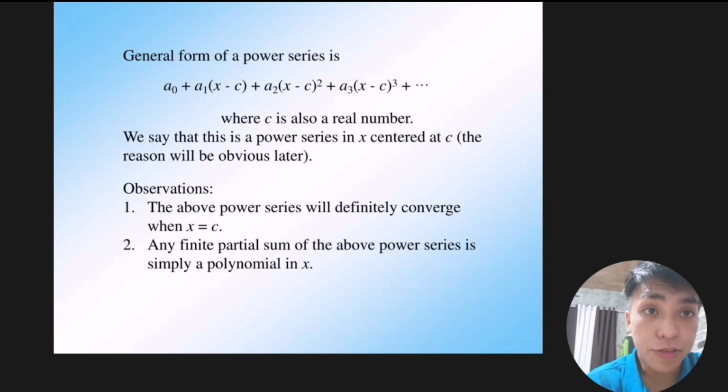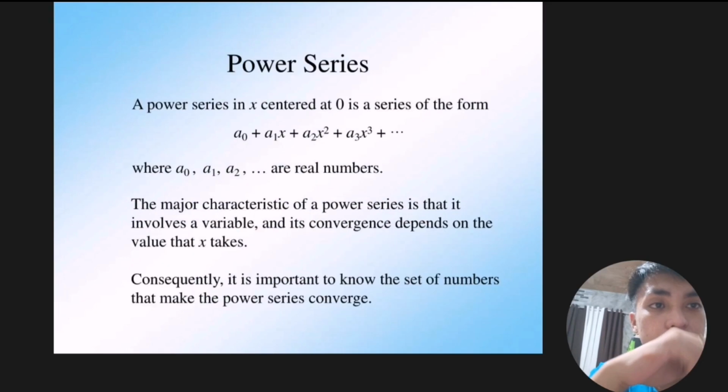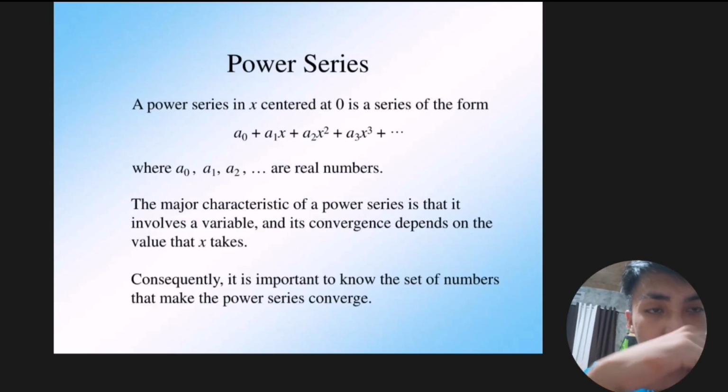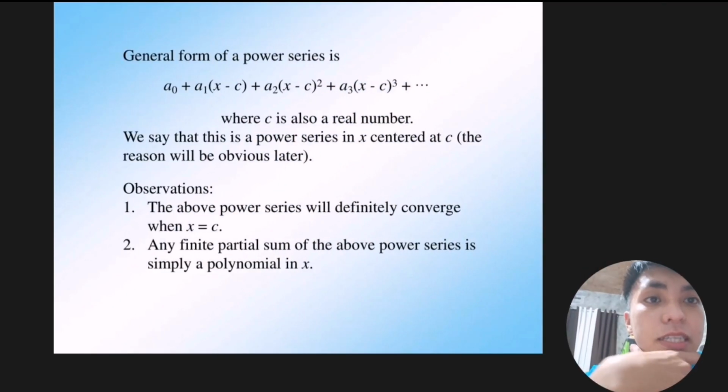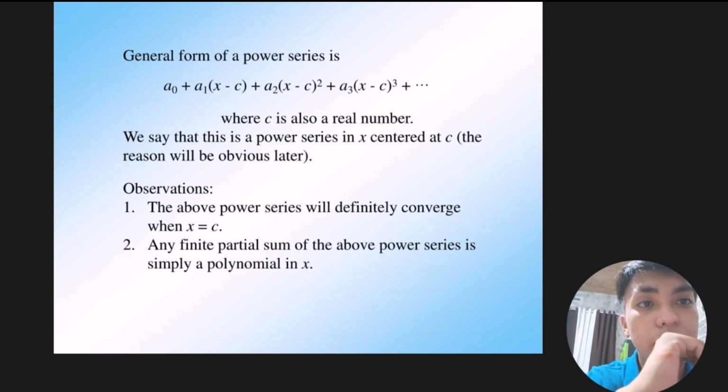This is the general form of a power series: a sub 0 plus a sub 1 times x minus c plus a sub 2 times x minus c squared plus a sub 3 times x minus c cubed. It is just a substitution of the variable x, which in our general form is replaced by x minus c, where c is also a real number.